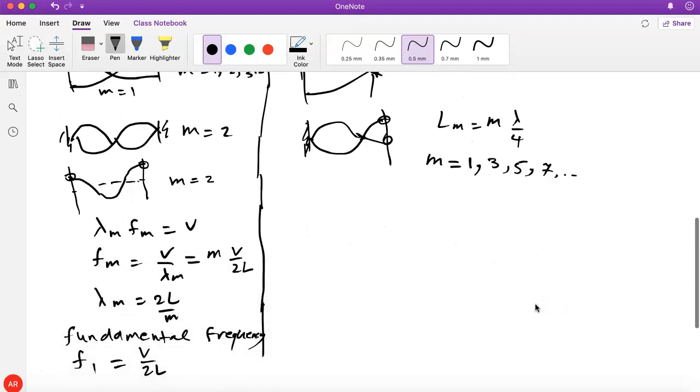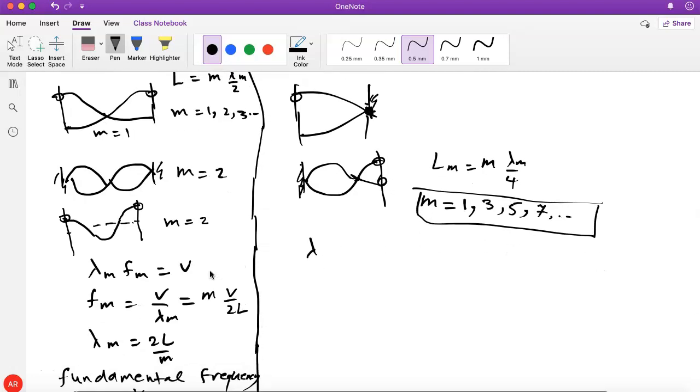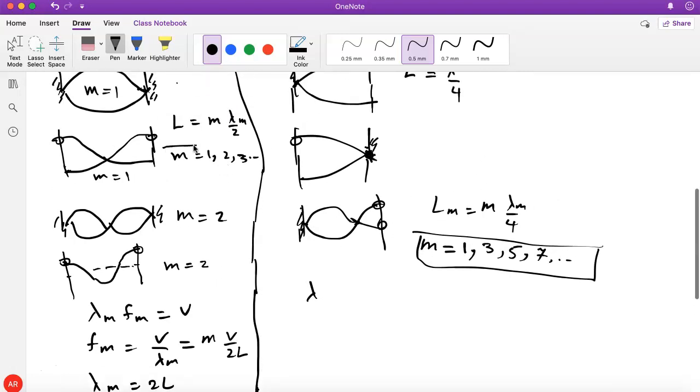All right. So the frequencies, again, can be extracted from these wavelengths, right? So we can solve for the allowed wavelength. But it's really important to remember what values these m's take, these integers take. So here L is m times lambda_m over 4.